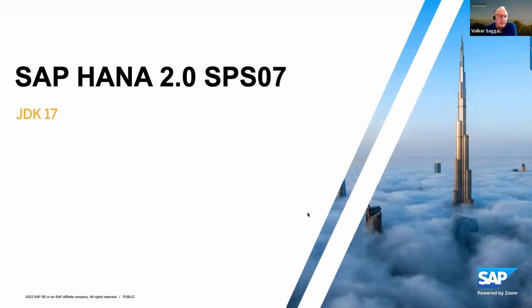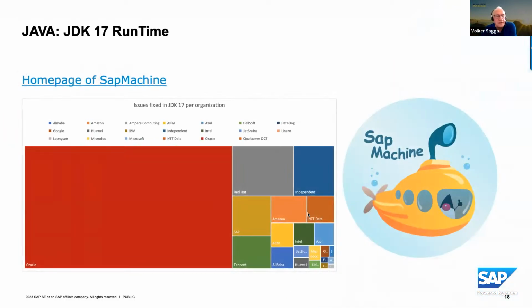The JDK 17 is coming up. Just if you look at the homepage from SapMachine, you will see that we are still massively contributing to this, as well as others, of course, Oracle first. And we maintain this and bring you up to this release in SP7.